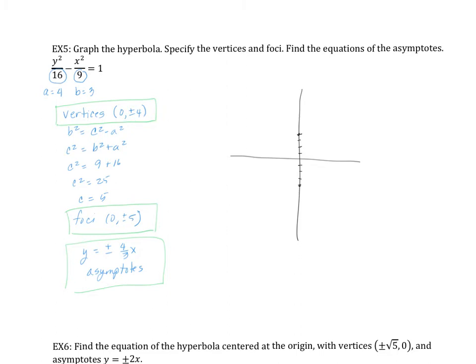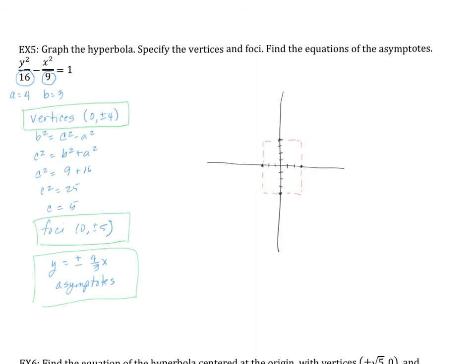And my b value is 3, so 1, 2, 3 in both directions. Now I'm going to sketch a rectangle that's going to pass through these points. I'm making it dashed because it's really not part of my graph. It's just a guide. Now this is a little bit sketchy. And then through the diagonals of this box is where my asymptotes will go.